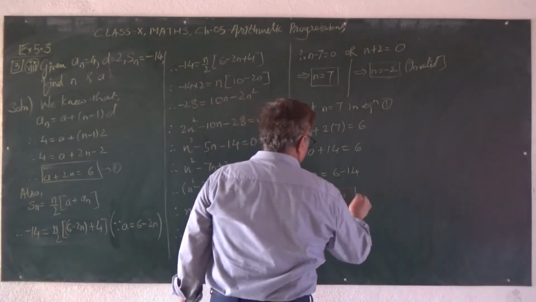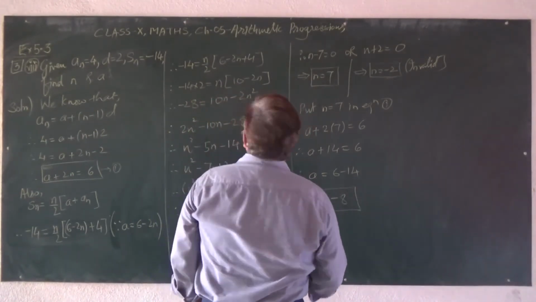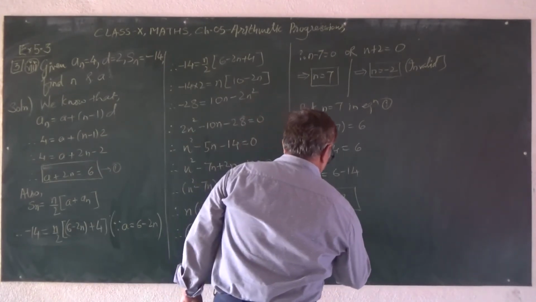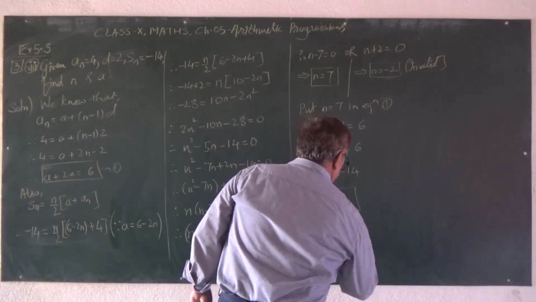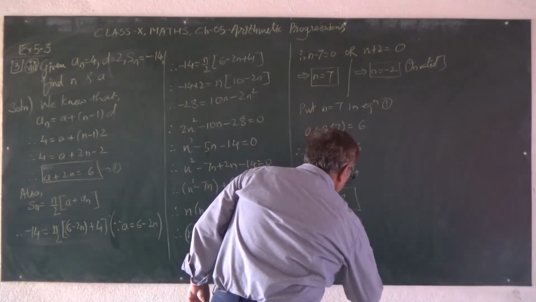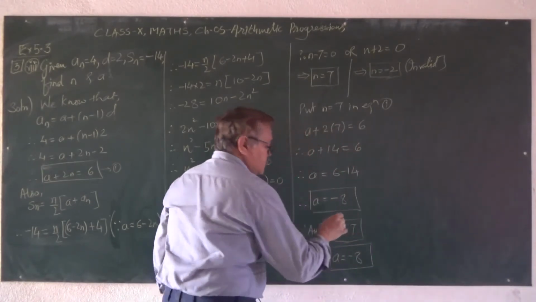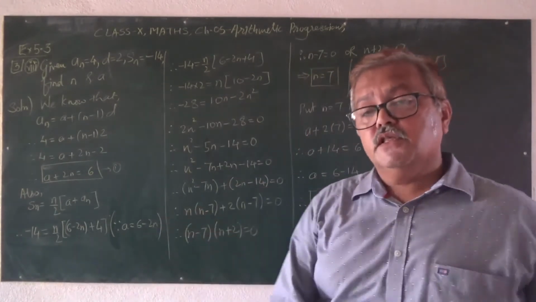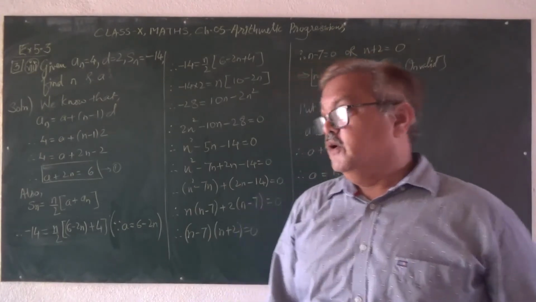So your answer: n is equal to 7 and a is equal to minus 8. Hope you have understood this. The remaining 7 sub questions of main question 3 you can practice.